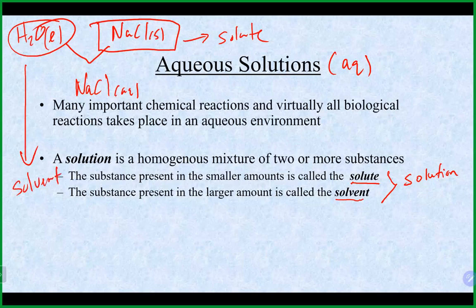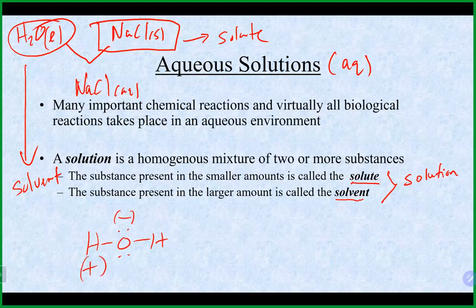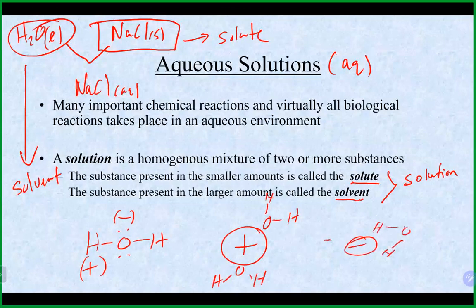It works really well in this case because water, as we know, is a polar molecule: the oxygen side is negative and the hydrogen side is more positive. So when an ion goes into solution, that's how it dissolves. The negative side of water, the oxygen, surrounds the positive ion, while the negative ion that goes for a swim is surrounded by the hydrogen side of water, which allows it to dissolve.